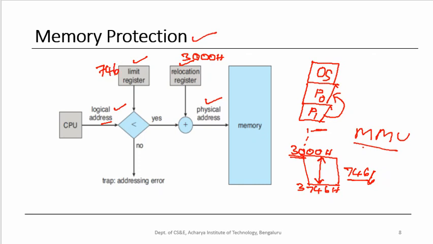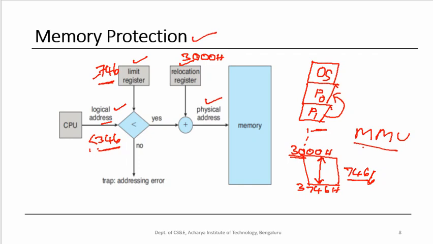So any address that is generated by the CPU, let's say 346 is the address generated by the CPU. Now this 346 is compared with the 746. We know that this 346 is less than the content of the limit register, that is 746.